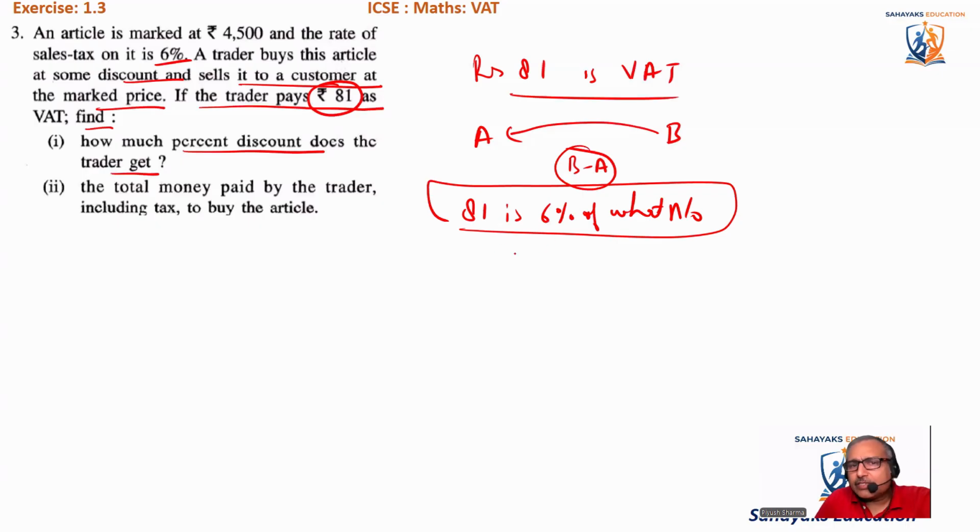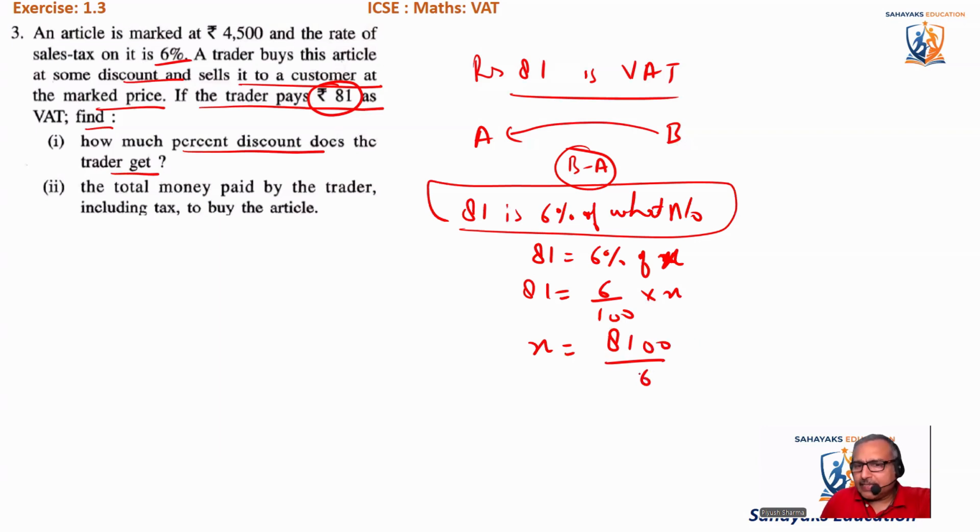So how do we find out? We'll say 81 is equal to 6% of X. We don't know how much value is appreciated. So we'll say 81 is equal to 6 divided by 100 into X. So from here we can say X is equal to 8100 divided by 6.